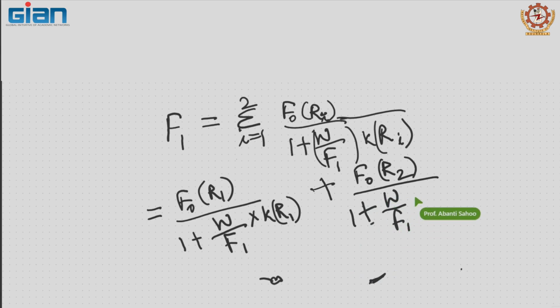In the formula F1 is there, so this will remain as it is, only the K of R2 changes.